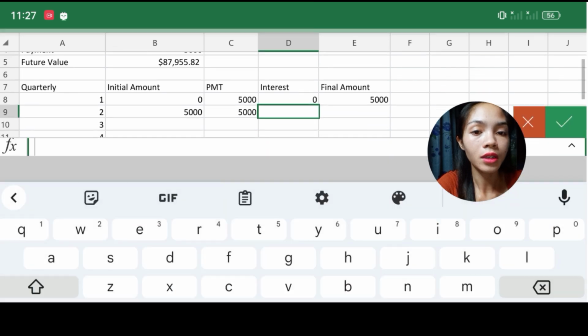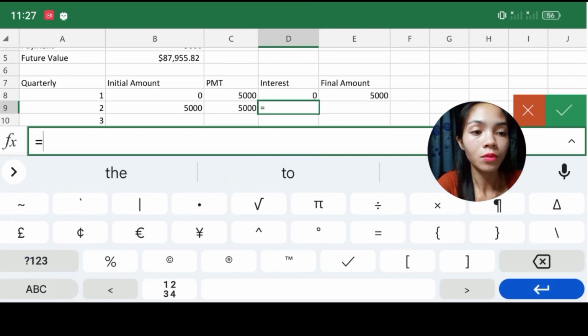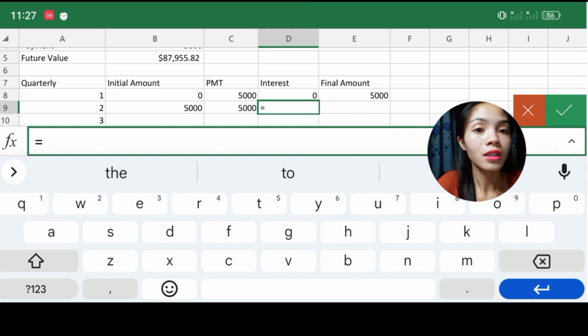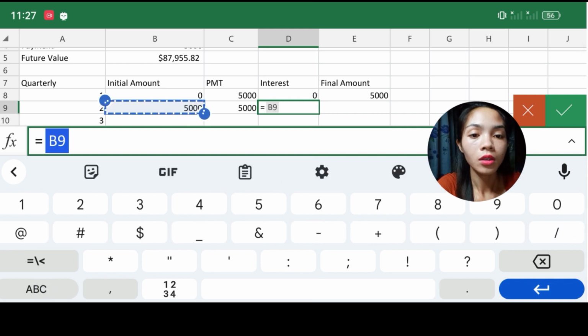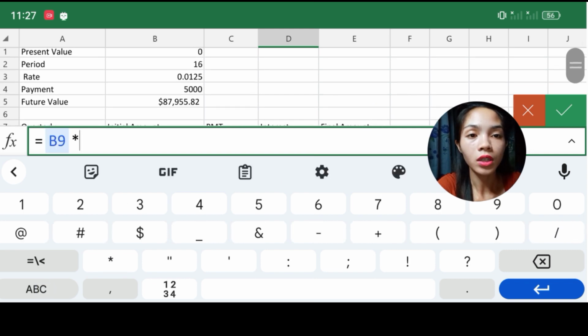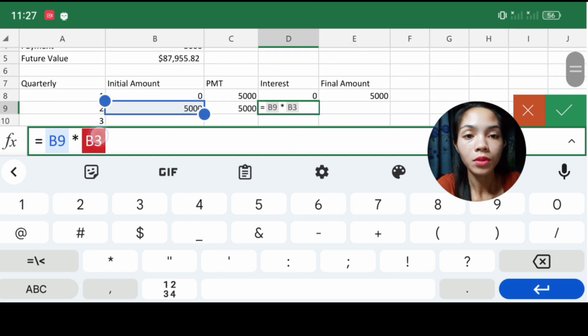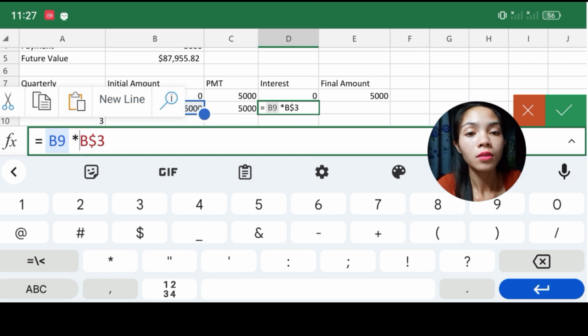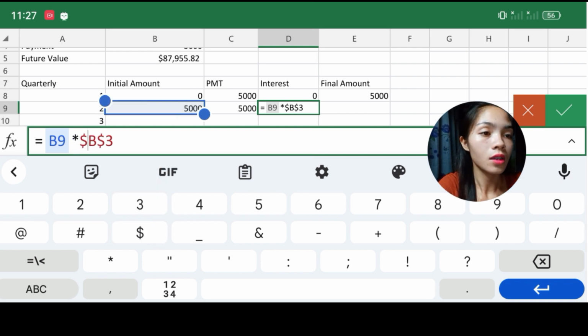For our interest, we put an equal sign, and with the initial amount at the second quarter of 5,000, we multiply by our rate, 0.0125. Don't forget to put a dollar sign as well, and check.